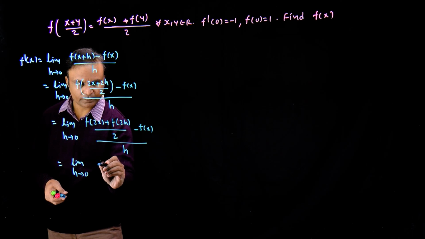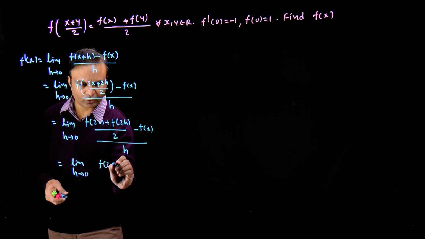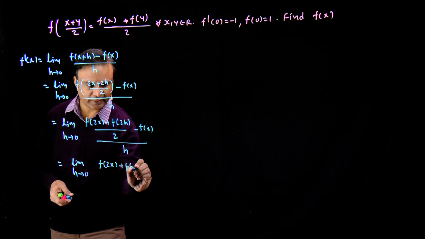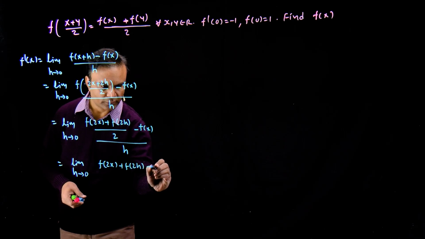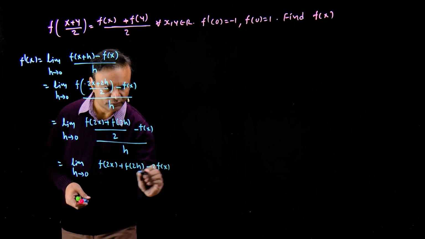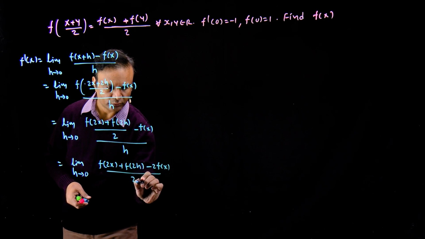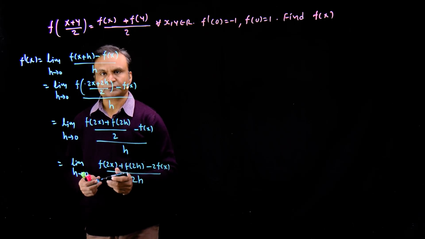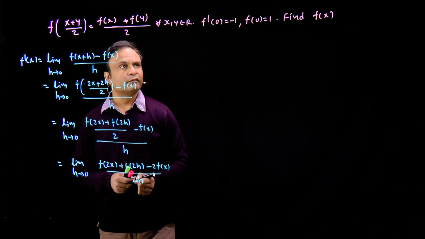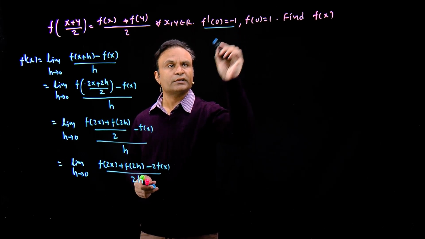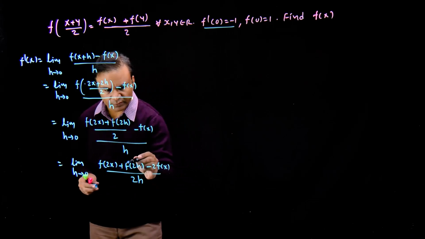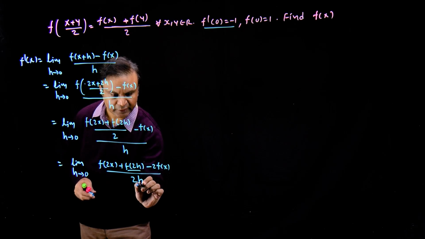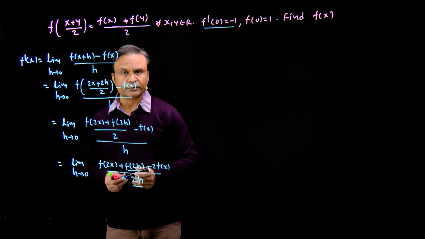So we have [f(2x) + f(2h) − 2f(x)]/2h. Now we are given the value of f dash 0, which is −1, and here we have f(2h), and in the denominator we have 2h.